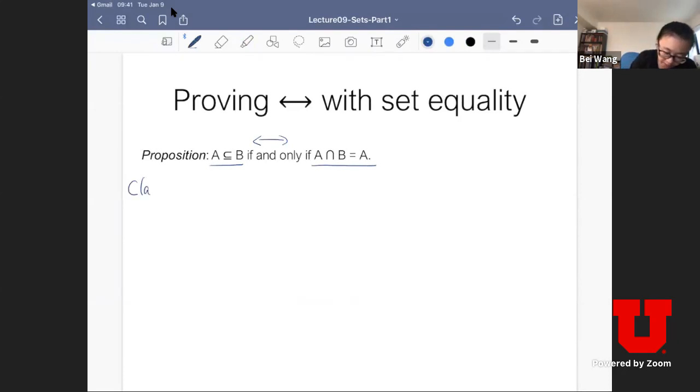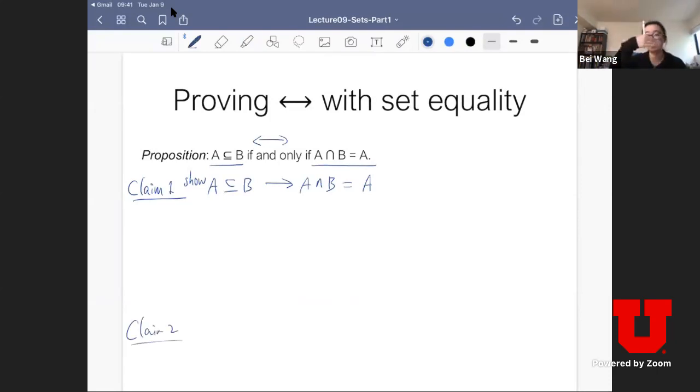what we call claim number 1, is to say that if A is a subset of B, we want to show A intersect B is equal to A. The claim number 2 is to show the other direction.